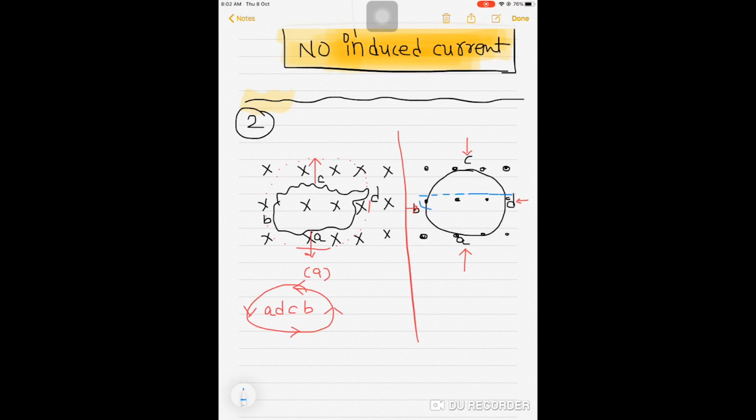It is converted into a narrow wire, named A dash, B dash, C dash and D dash, in the outer part.